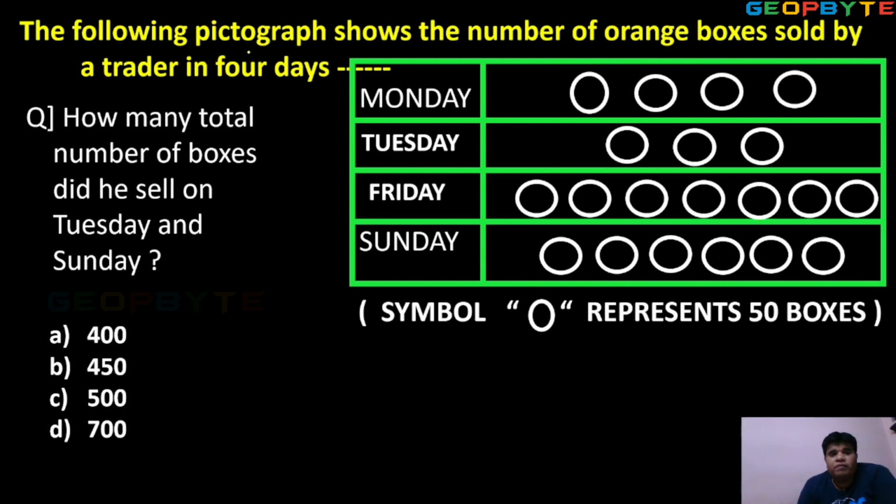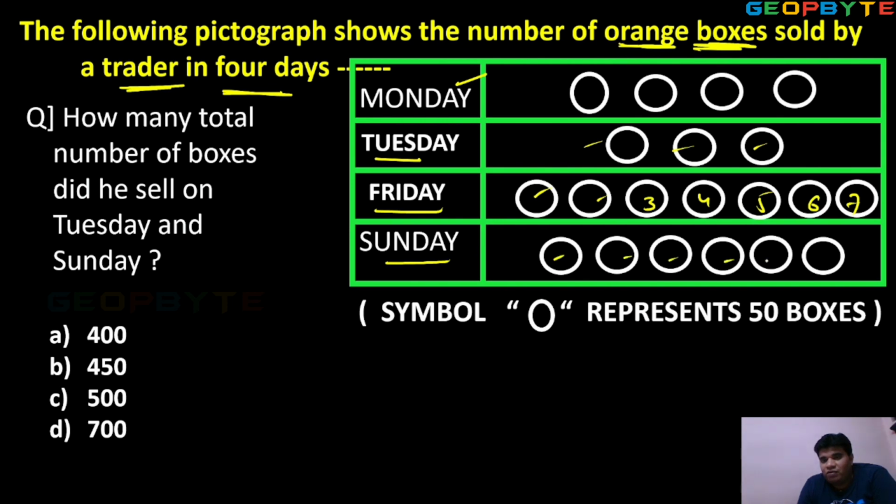The following pictograph shows the number of orange boxes sold by a trader in 4 days. Monday 4 boxes. Tuesday 3 boxes. Friday 7 boxes. Sunday 6 boxes. The symbol, this circle, represents 50 boxes.